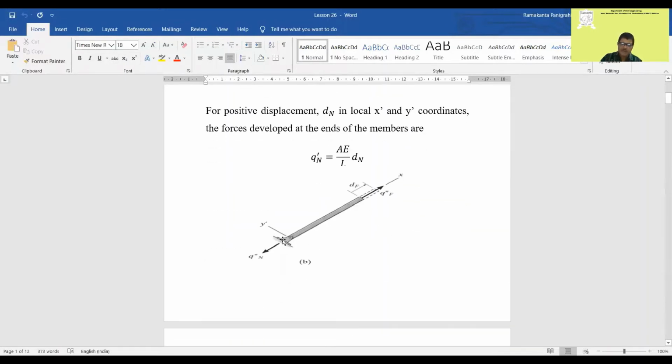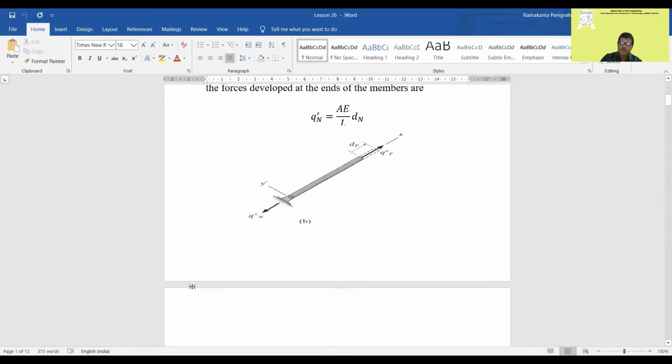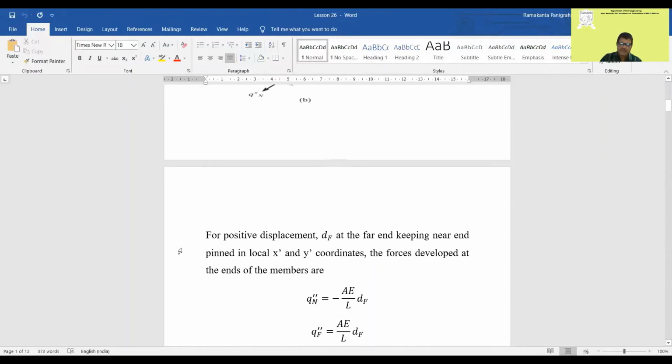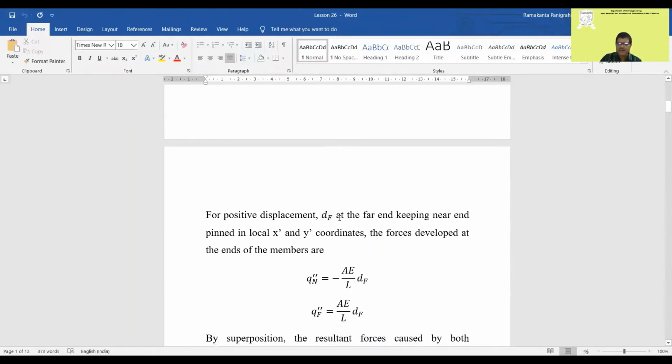Now in the second case, if you hinge the near end and apply unit displacement df at the f end, the force developed will be Qf equal to AE by L df, and at the other end it will be opposite to that. If this direction is positive, this will be negative. For positive displacement df at the far end, keeping the near end pinned, in local xy coordinates, the forces developed at the member ends will be Qn dash minus, Qf dash plus.